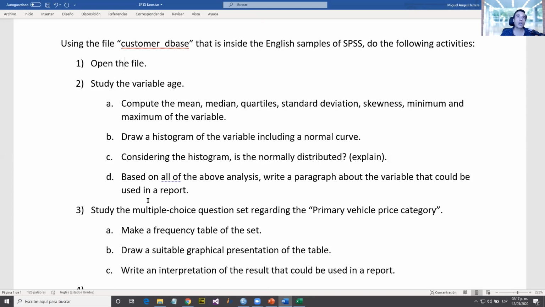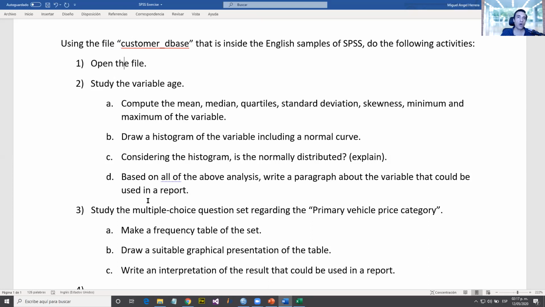Go do it and have it in your output file. Also, you have to draw the histogram with the normal curve, and afterwards tell me if you think that it is normally distributed.